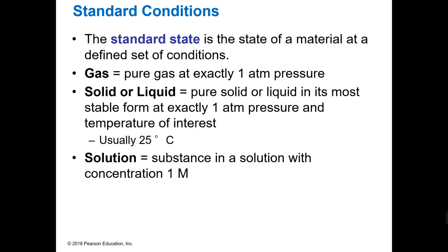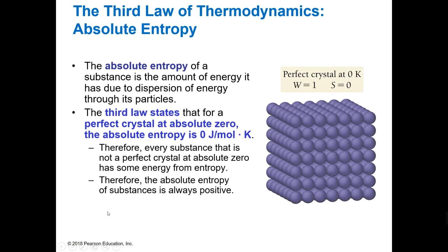If you remember from Gen Chem 1 when we talked about ideal gas laws, gases behaving ideally, and all those problems when we used PV equals nRT, it would have to say somewhere in the problem that it was gases behaving ideally or at STP, standard temperature and pressure. All that really meant was nothing was in the extreme. That's all we're using for standard state conditions when we talk about entropy and enthalpy here as well.